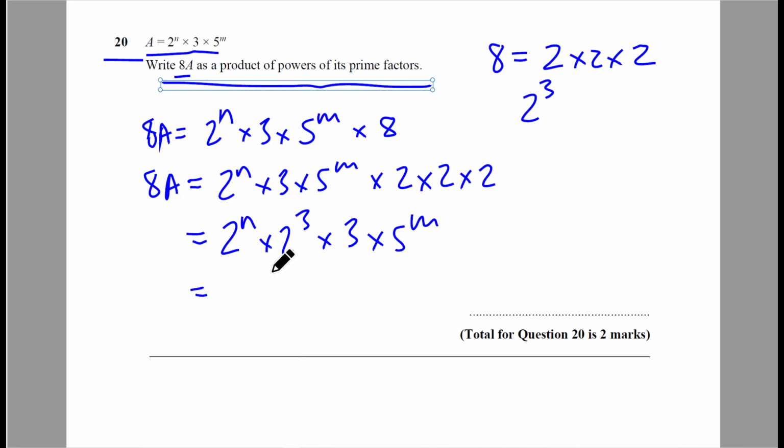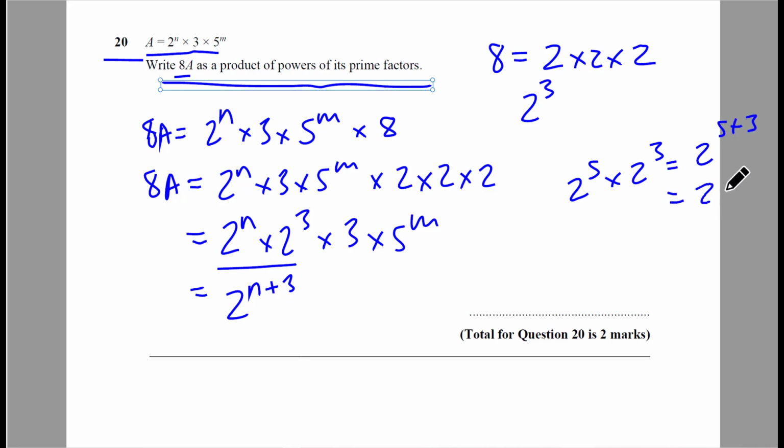So when the bases are the same, we know we can add the powers. If we were to simplify this, this would literally just be 2^(n+3), right? Because if I have 2 to the 5, for example, times 2 to the 3, that's 2 to the 5 plus 3, which is 2 to the 8. Because we've got a letter here, let's say we have 2^m times 2 to the 3.